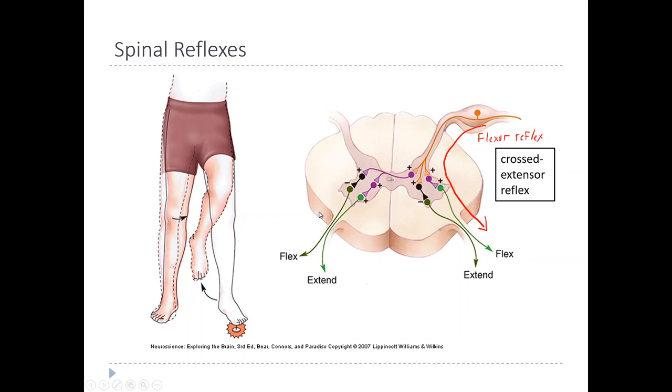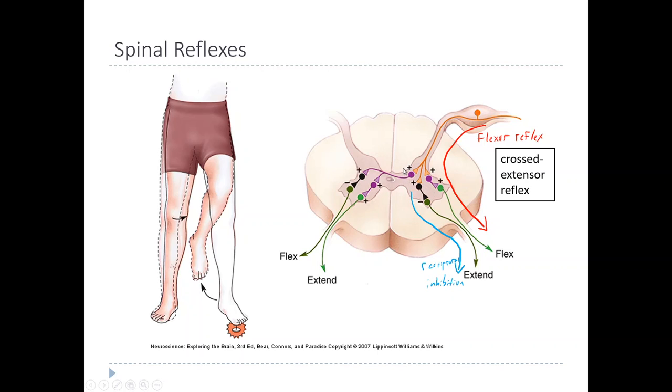So this circuit right here, this connection between the sensory cell, this inhibitory interneuron, and the extensor muscle, is an example of reciprocal inhibition. So again, that is there to make sure that the extensor muscle is relaxed while you're trying to bend your knee and move it away from the ground.